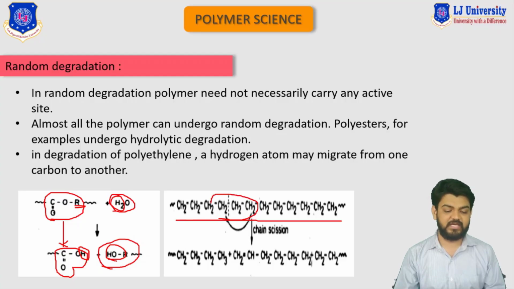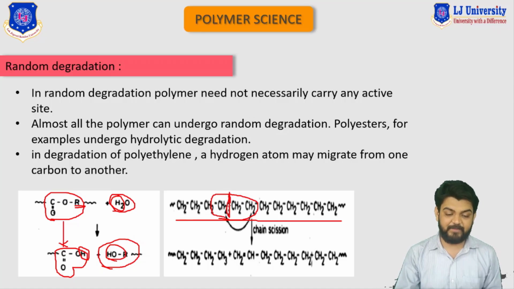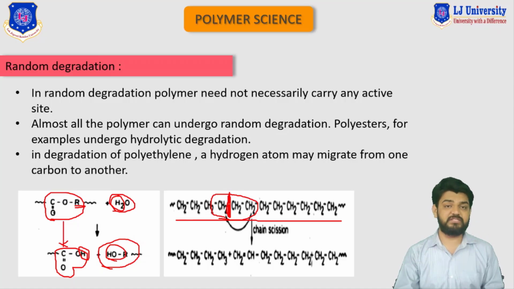Let's suppose random degradation takes place at this specific carbon-carbon bond here, right? What will happen now is that these two carbons will migrate toward each other. When this polyethylene undergoes random degradation, these two carbons, like here and here, will migrate toward each other and make a double bond.